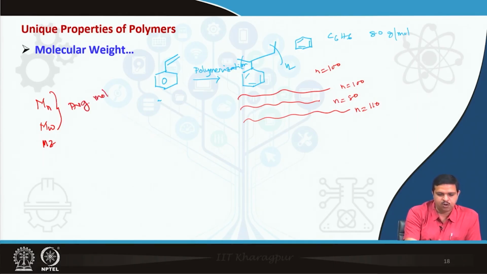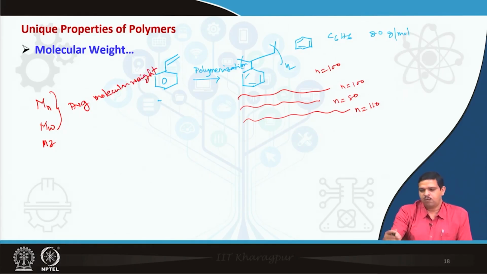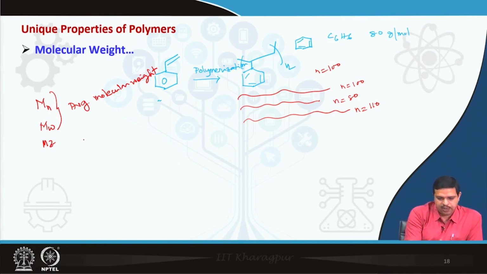Ni is the number of molecules, or number of polymer chains, of mass Mi. That is Mn, called the number average molecular weight. The N here denotes the number average molecular weight.